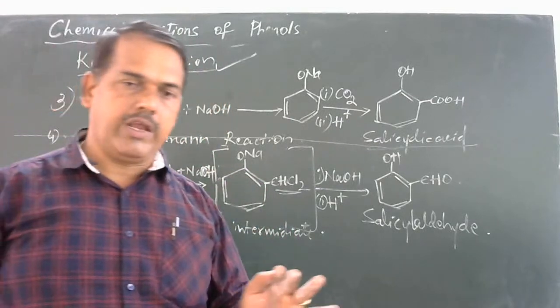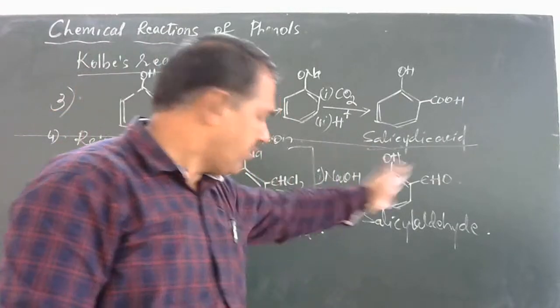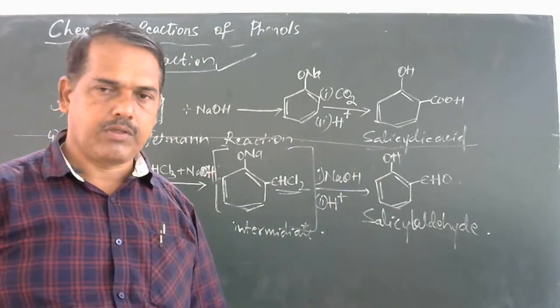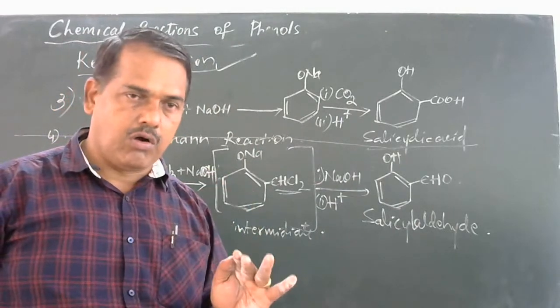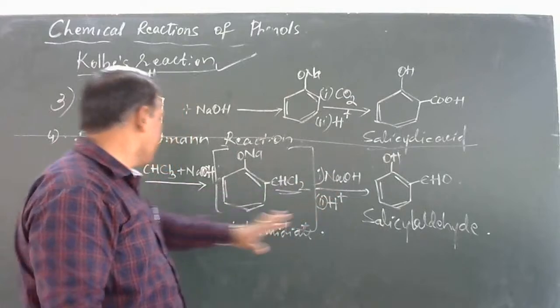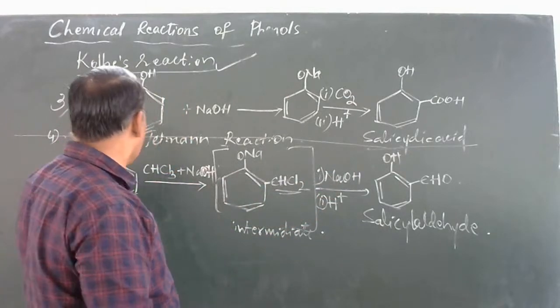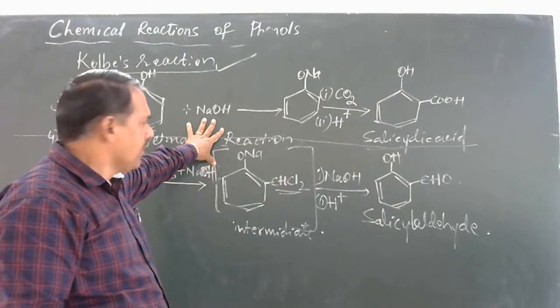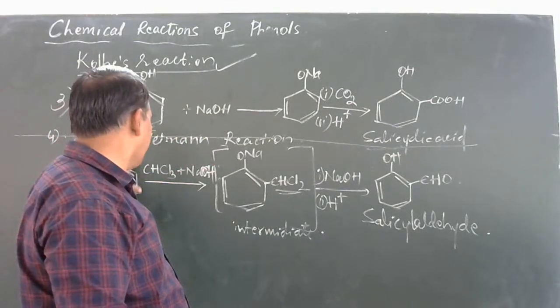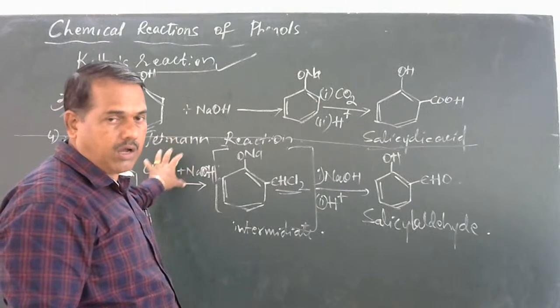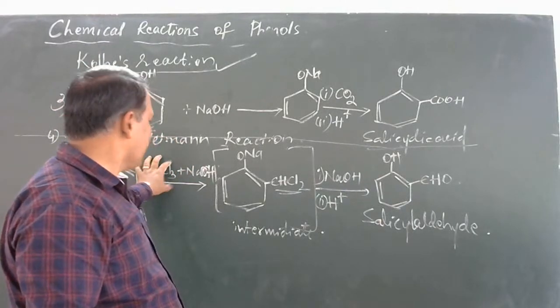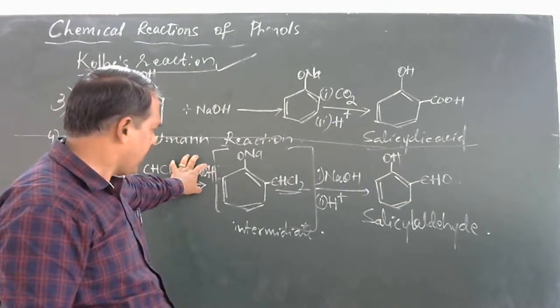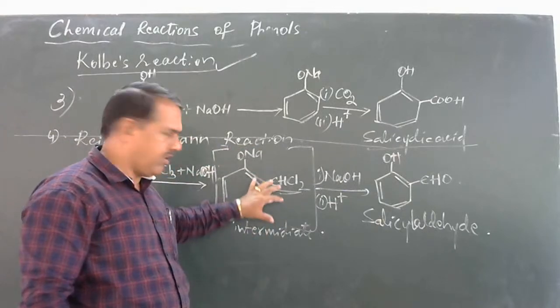What is Reimer-Tiemann reaction? An aldehyde group is introduced there. Are you clear? That is the main aim of Reimer-Tiemann reaction. So what is Reimer-Tiemann reaction? When phenol is treated with chloroform in presence of sodium hydroxide, an intermediate is formed.